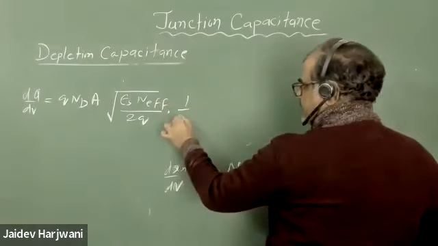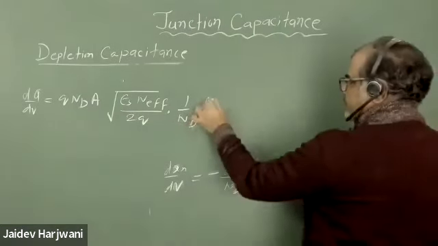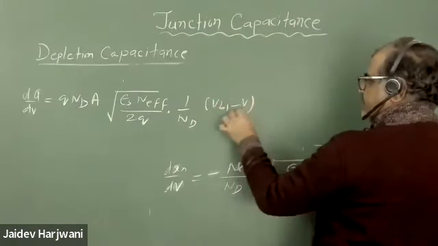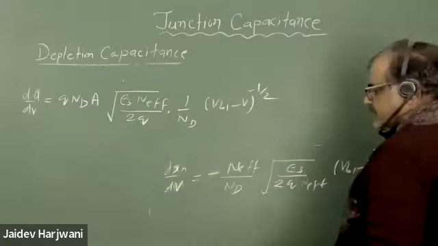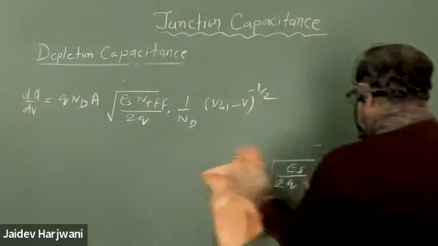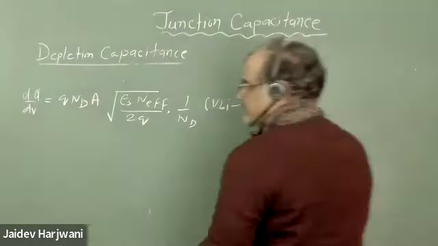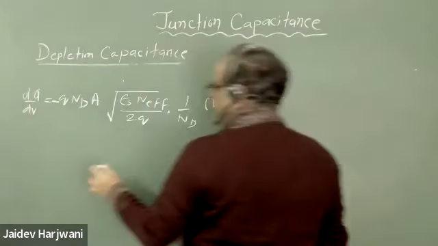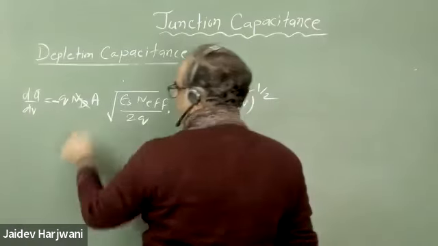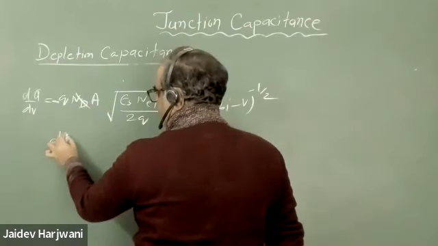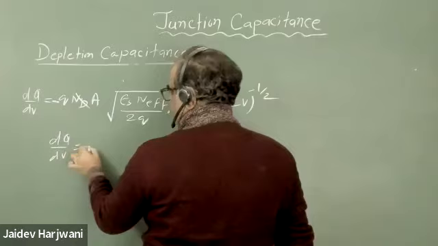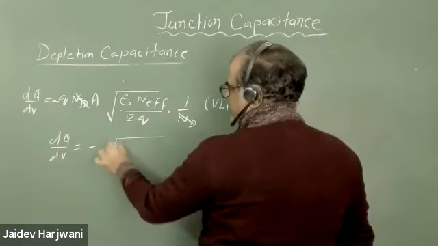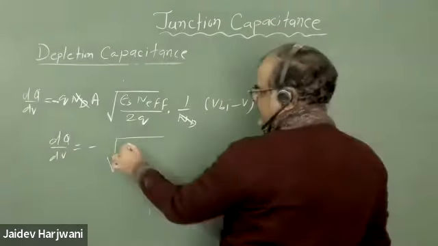So 1 by Nd outside, and I have (V_bi minus V) to the power minus half. And minus is also there, of course. So if I take this Nd now, I can cancel. So I will have dQ upon dV equal to minus. How can I write this? I can write this as a ε_s.